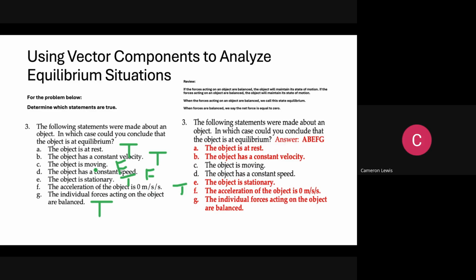Think about it. Constant speed, but not constant velocity. A boat? There's only one situation, right? You tell me. What's that situation? You kind of described it earlier, Sean, just now. Making a turn, because what are you doing? Changing your direction. So now if you're changing direction, does that mean you're changing the velocity?